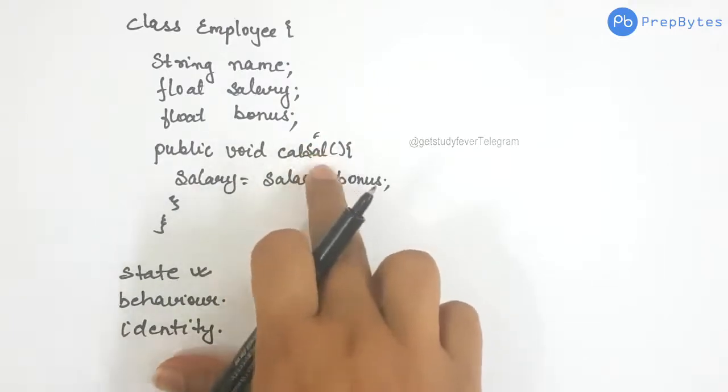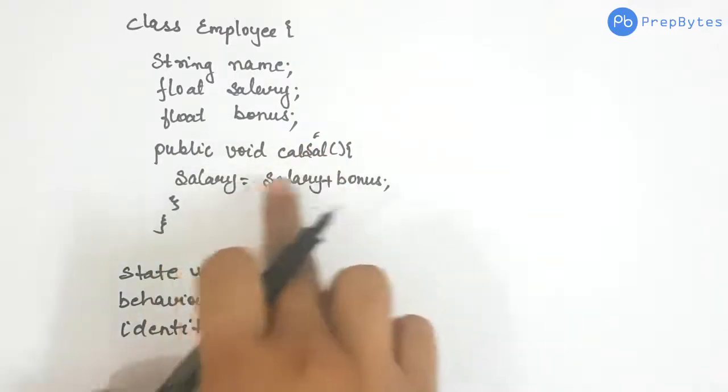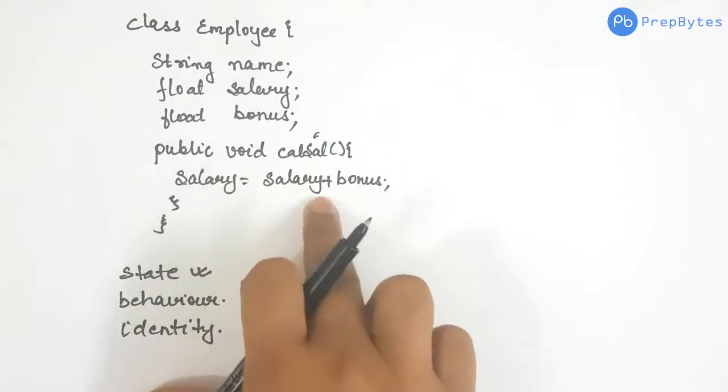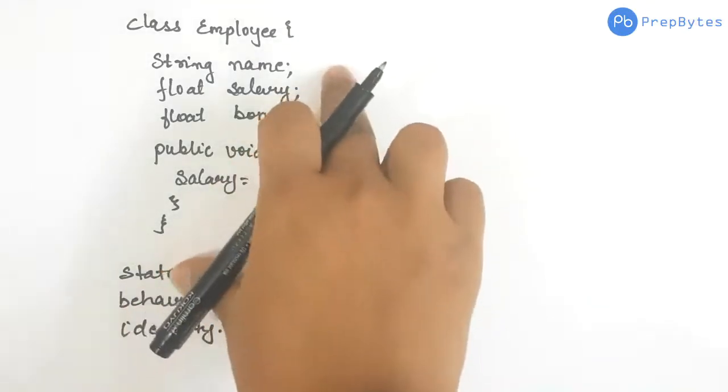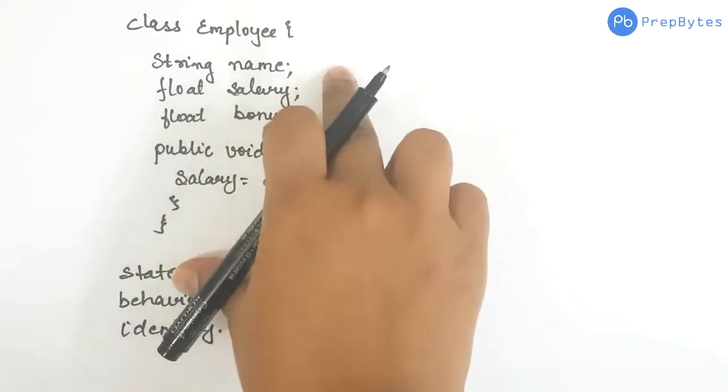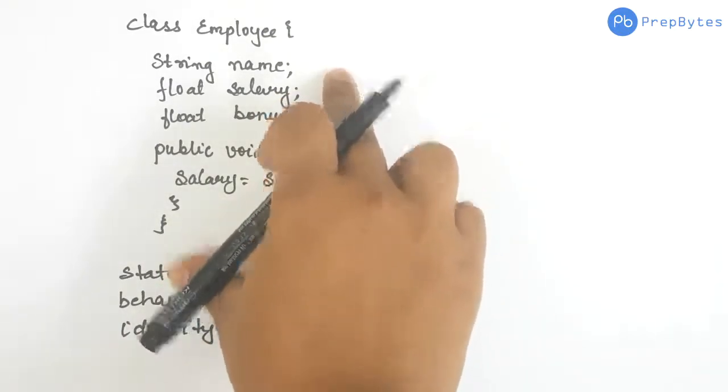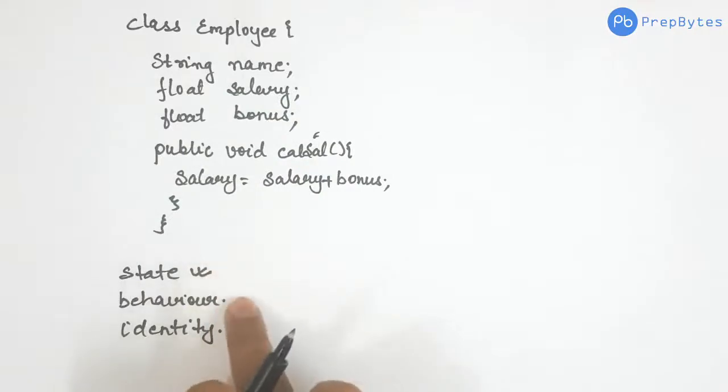After I call this function, the salary will change to 3000. So this is the state. What is the state of a particular object? It is the values that an object has at a particular point. So this is the state, this is the behavior.